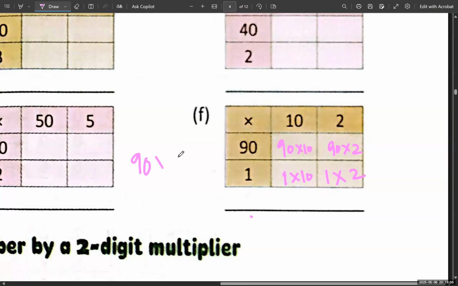We have 90 times 10. So 9 ones are 9. How many zeros are there? 2 zeros. So how much will that be? 9,000 or 900? No, two zeros means 900, right? Yes. 9 ones are 9, and how many zeros do we have? 2 zeros. So in the answer, I'll put 2 zeros. So that means 900. Okay, so I'm going to erase this.